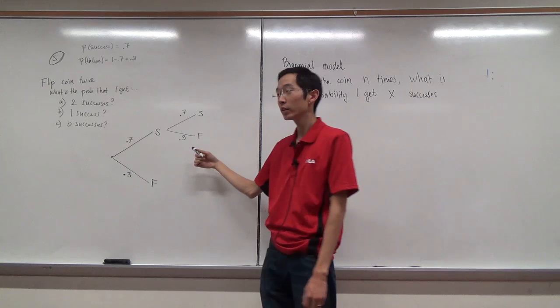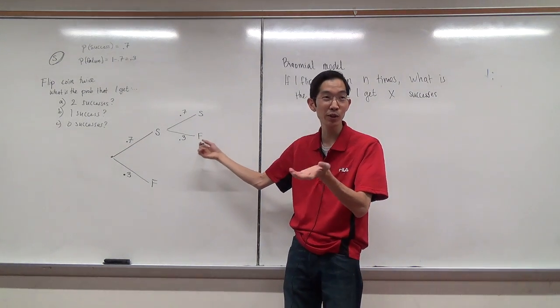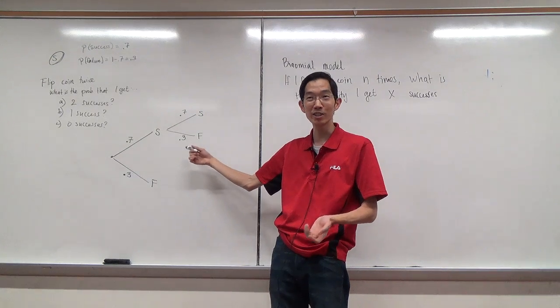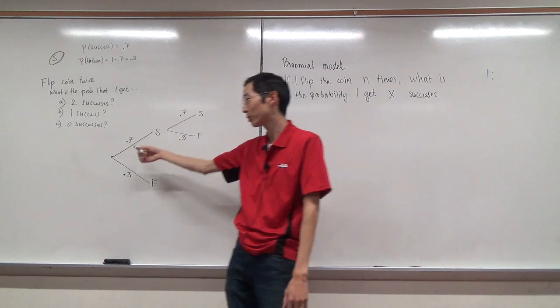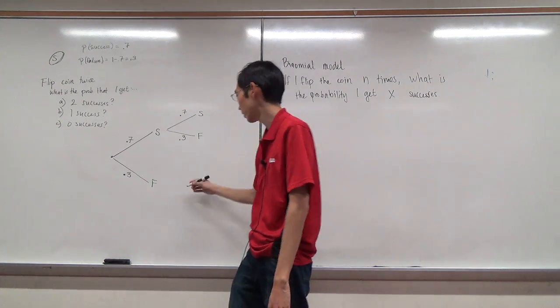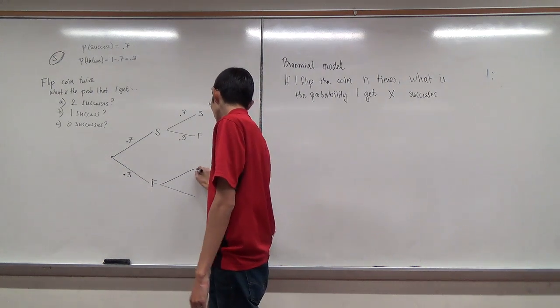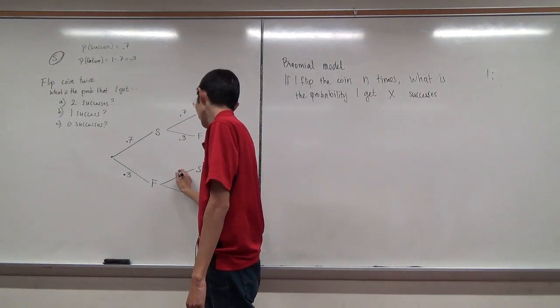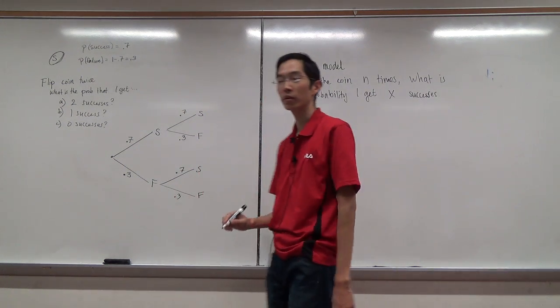This is a key part of a binomial model: every time you flip the coin, the probability doesn't change. That's how a coin flip works, right? It doesn't care what happened before, so we get 0.7, 0.3 right there. And even if I get failure on the first one, the probability of success or failure on the next one is going to be 0.7, and this will be 0.3.